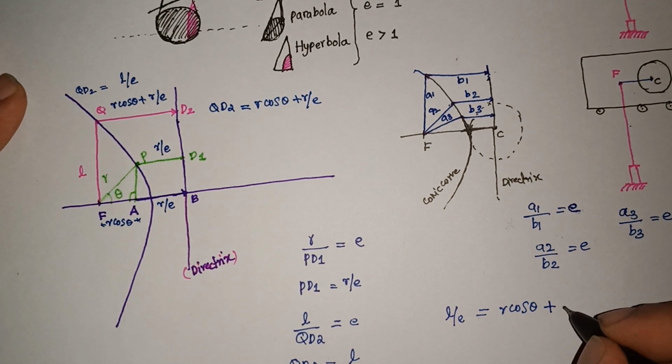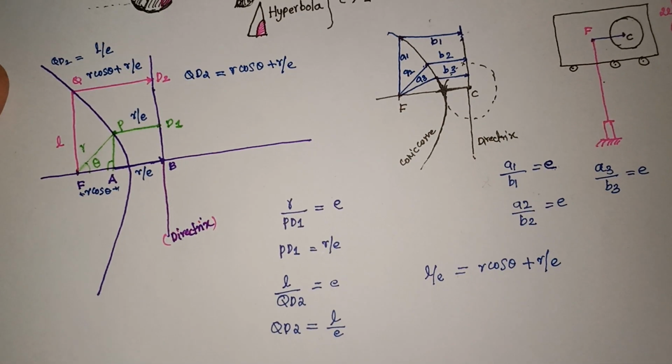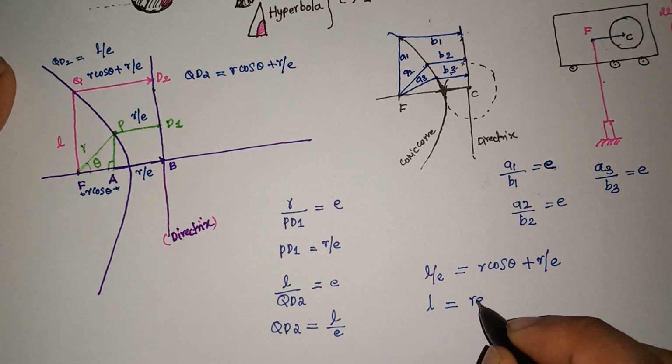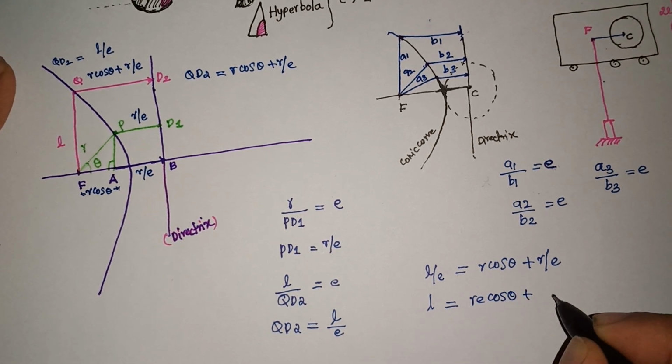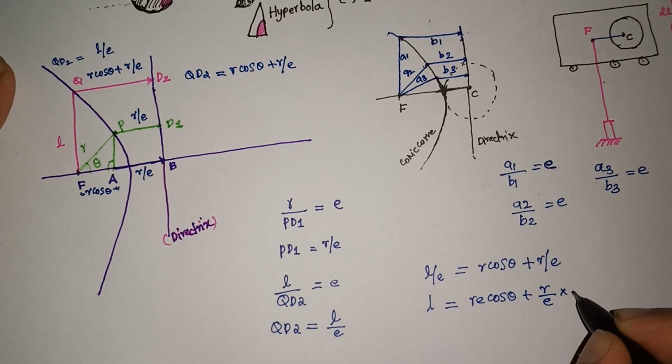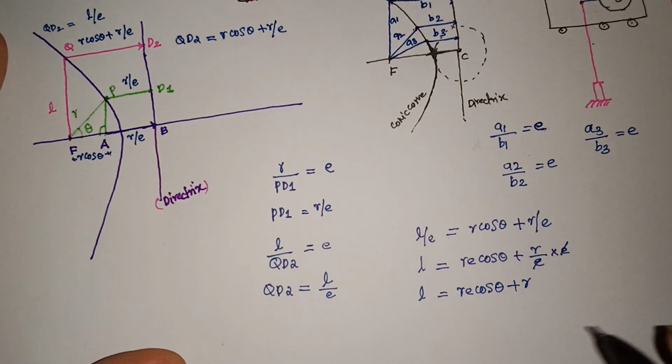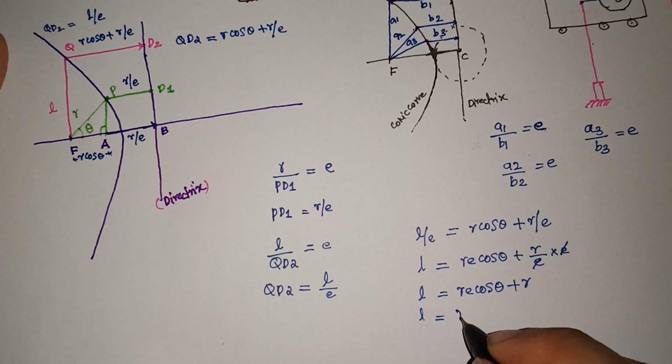Now you do some simple stuff. Your L is going to be equal to R E cos theta plus R divided by E times E. Your E gets cancelled off. Now you end up with L equal to R E cos theta plus R. Now you take R common. So this R is going to be a common one.